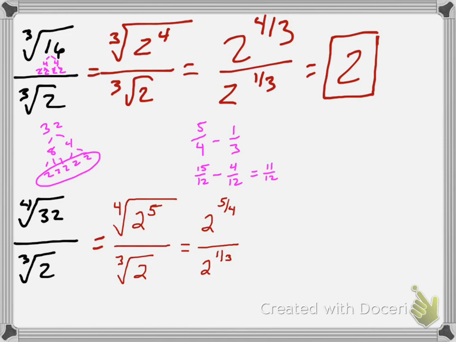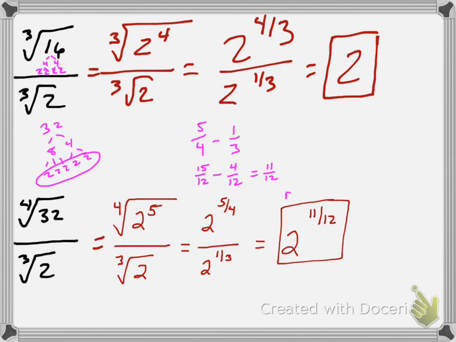So when I subtract the exponents, I get 2 to the 11 twelfths power. That would be the answer using rational exponents.